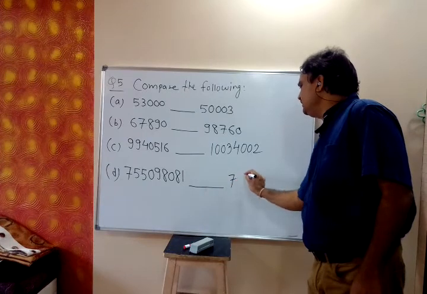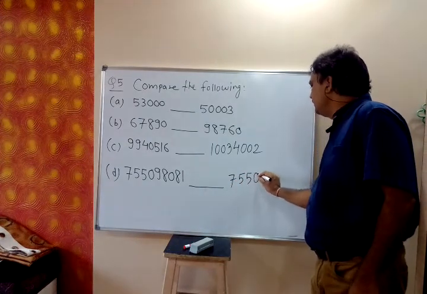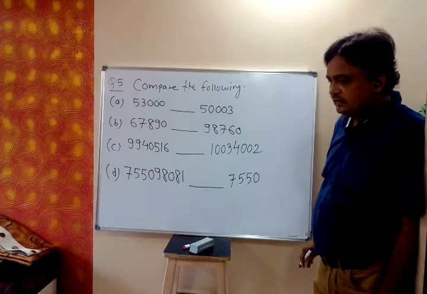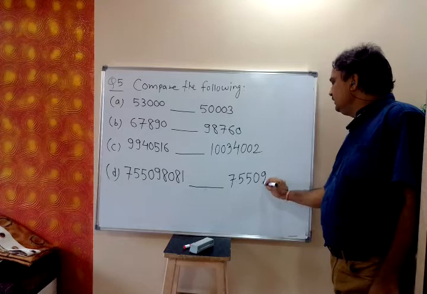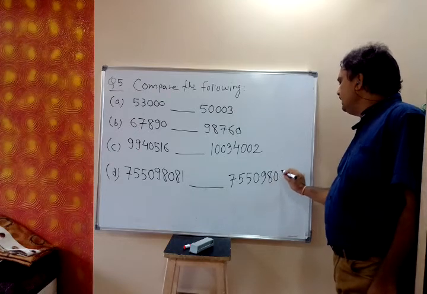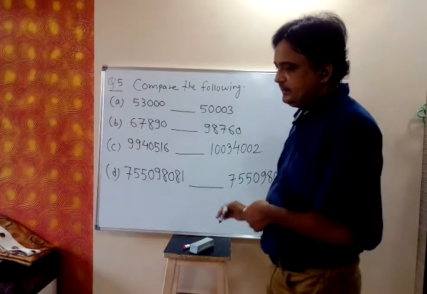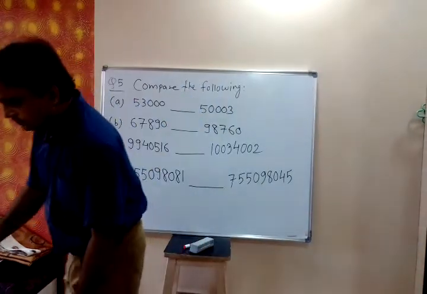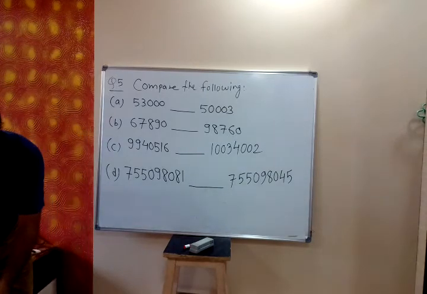Yes, it is clear. 7550. 98045. Board is clear. I am able to see. 98045. So this, yes, you keep the phone horizontally, you will be able to see.